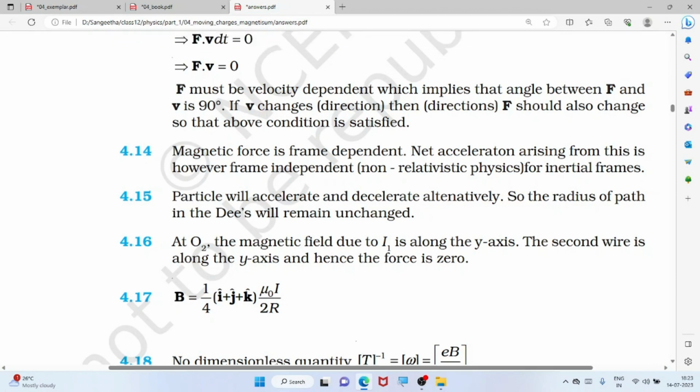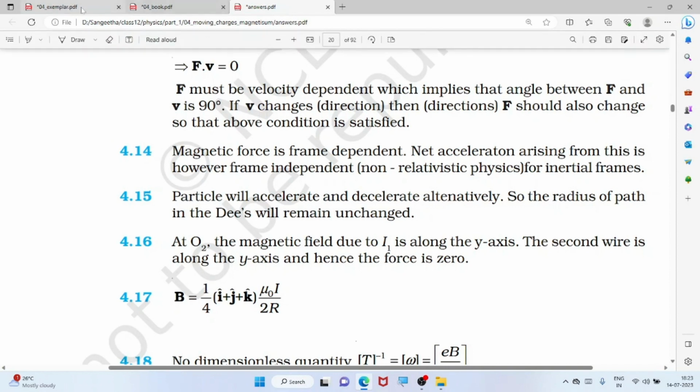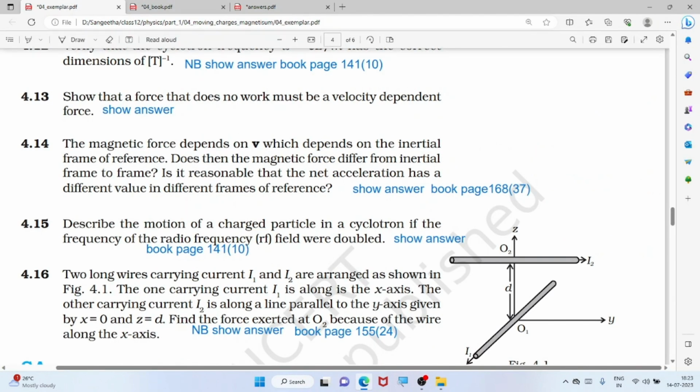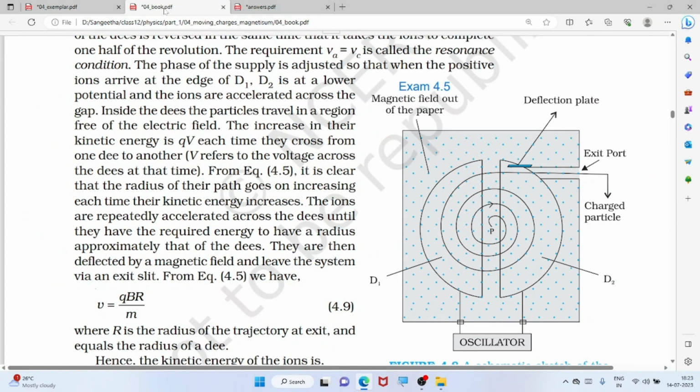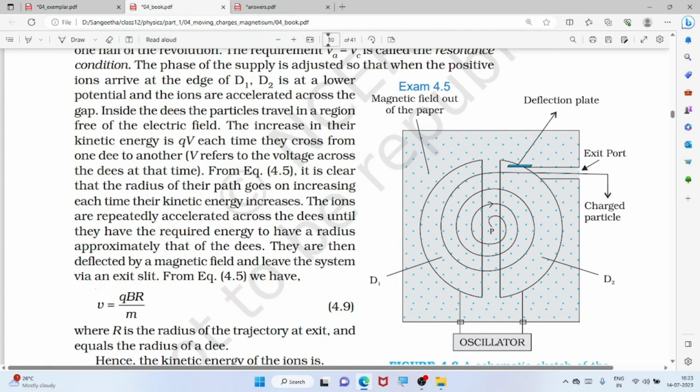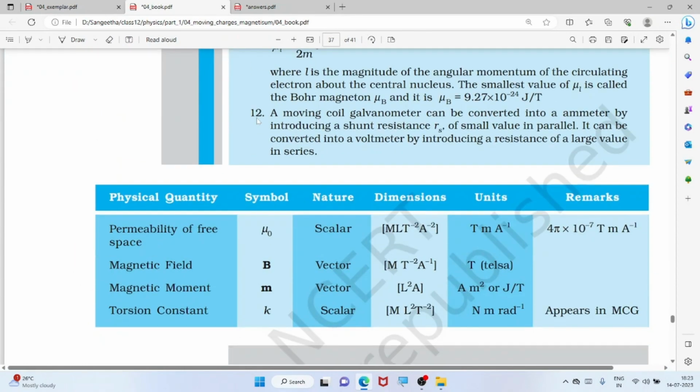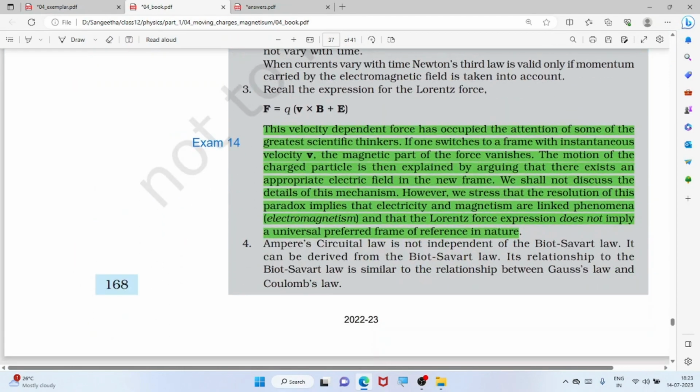Non-relativistic physics, okay, you can go through what it is. The velocity dependent force. Here you can go through what this inertial phenomenon is.